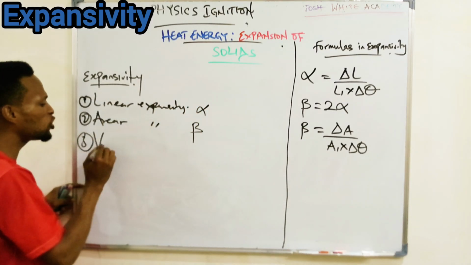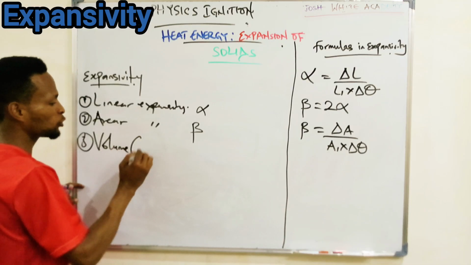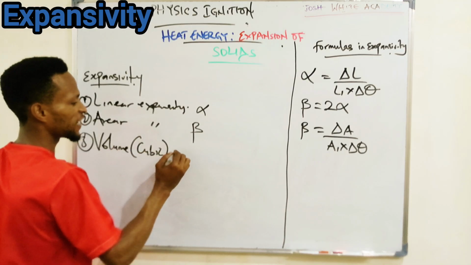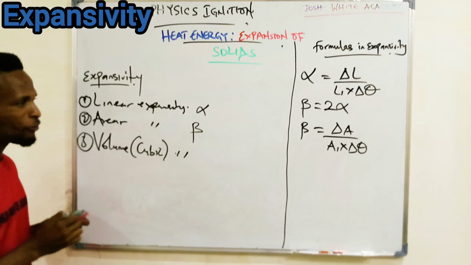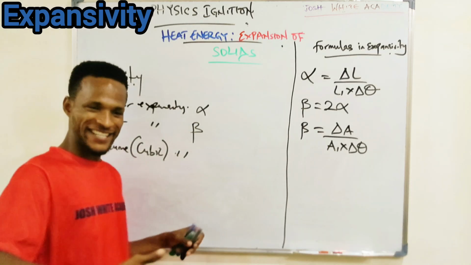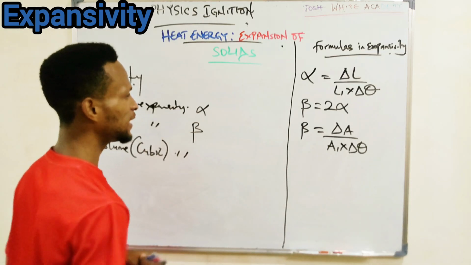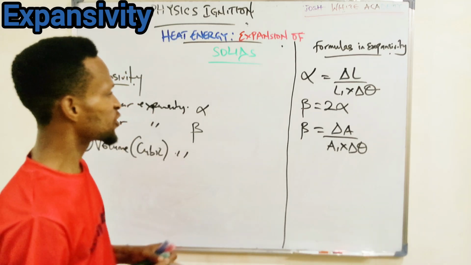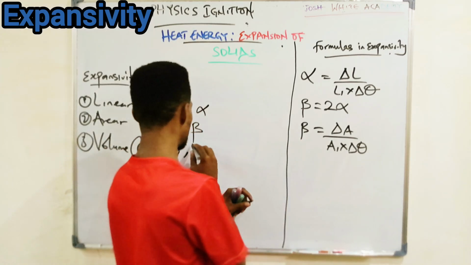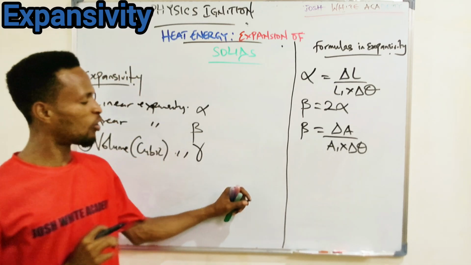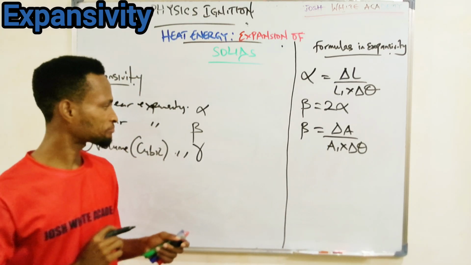Thirdly, we have volume. You can also call it cubic expansivity. You know, volume is length, breadth, and height, 3 dimensions. So volume expansivity is written with the symbol gamma.